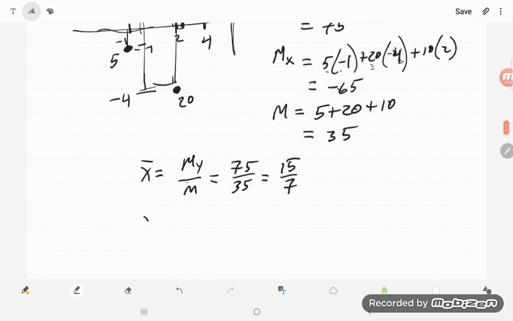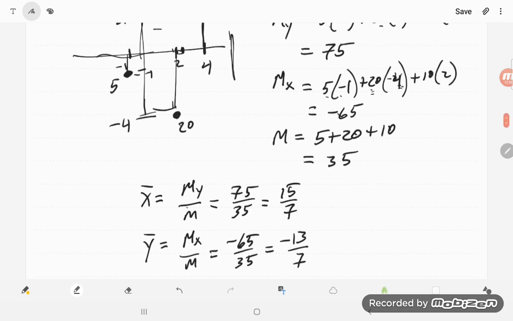And then our y bar is m sub x over m, and that was -65 over 35. And so that's -13 over 7, so a little bit less than -2. Well, a little bit more toward the origin than -2. So if -2 was in here, we're right in there somewhere.